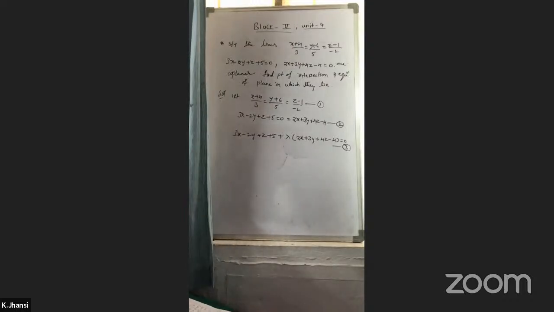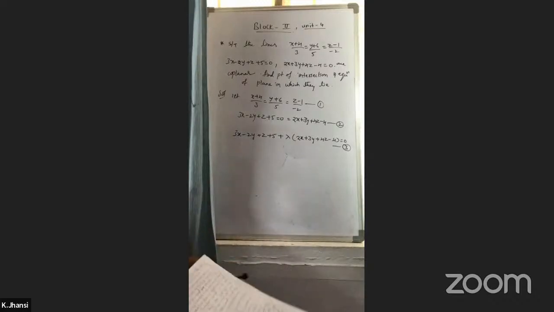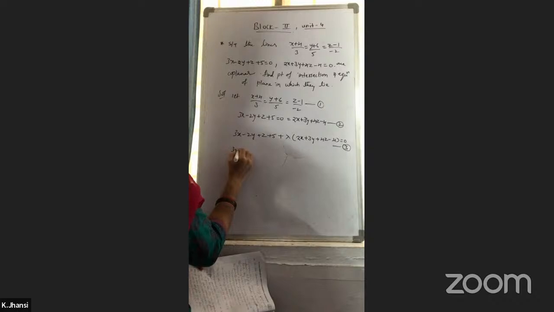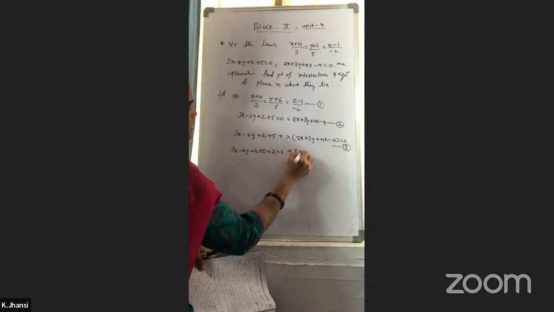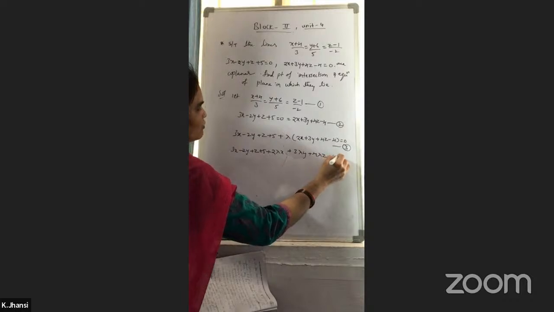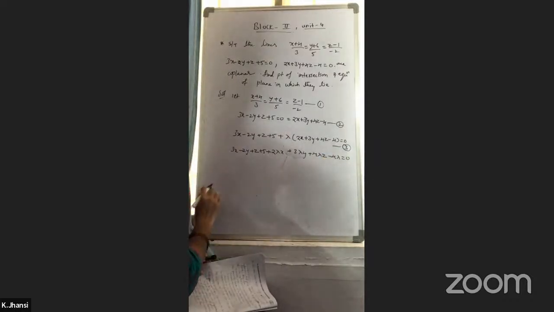So combining two plane equations with the help of lambda. Now you separate the x, y, z and constant terms. So first multiply with lambda, that is 3x - 2y + z + 5 + 2 lambda x + 3 lambda y + 4 lambda z - 4 lambda = 0.